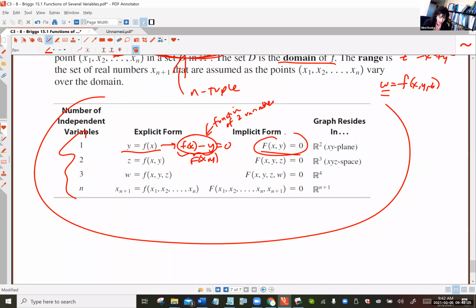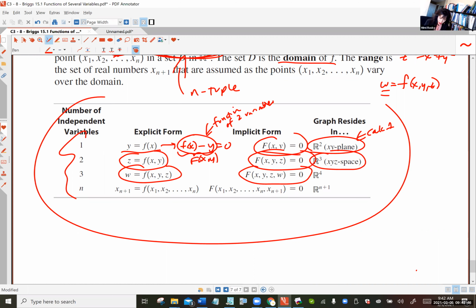It's going to happen. And then if we just learned about functions of 2 and 3 variables, and you can talk about the implicit format of it. So for functions of 1 variable, like you did in Calc 1, you only needed the xy plane to graph it. But now when you have a function of 2 variables, you need 3D, or what we call R3. You need XYZ space.